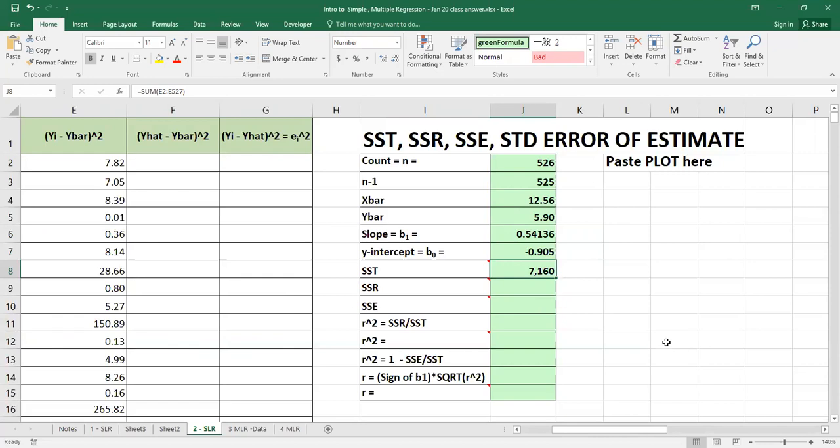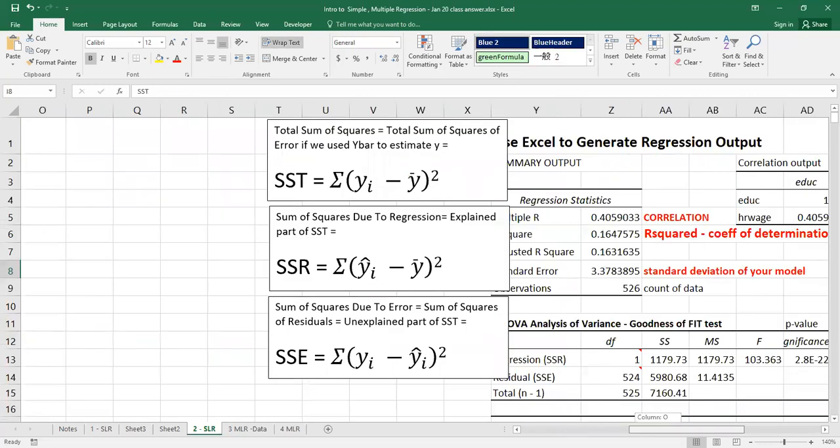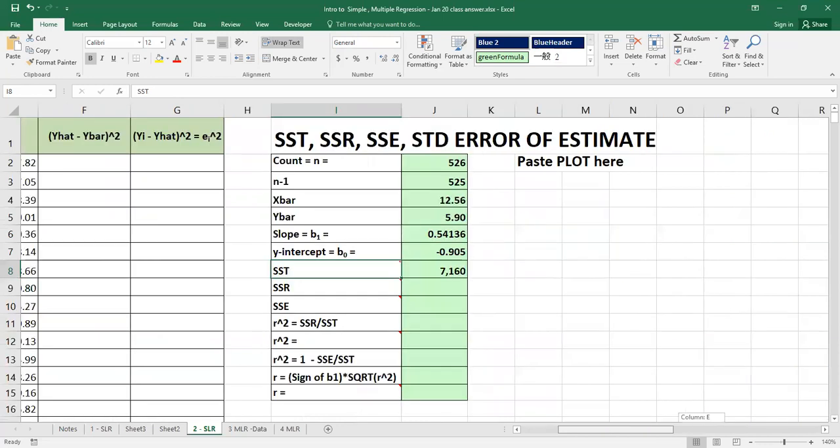That's the total sum of the squares. Tingnan natin guys kung pareho dito ha. Ayan no, 7160, di ba? Pareho si SST, 7160. Okay, so this validates guys yung goodness of fit test natin.